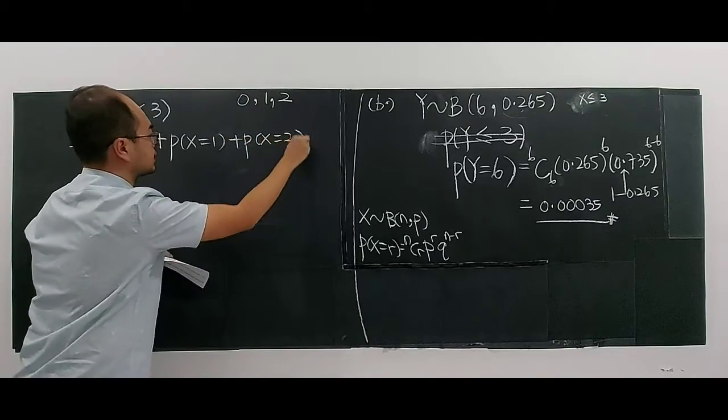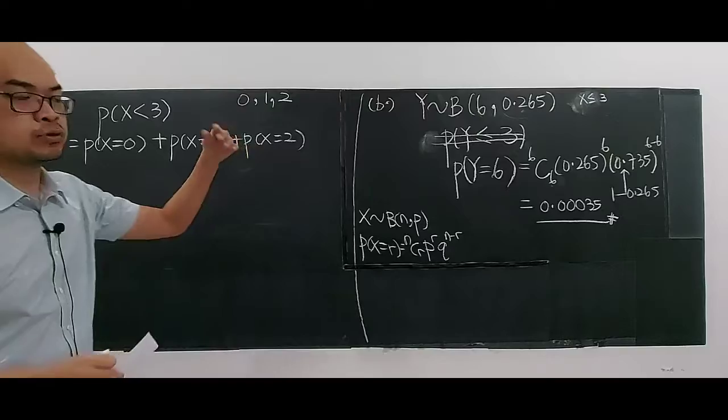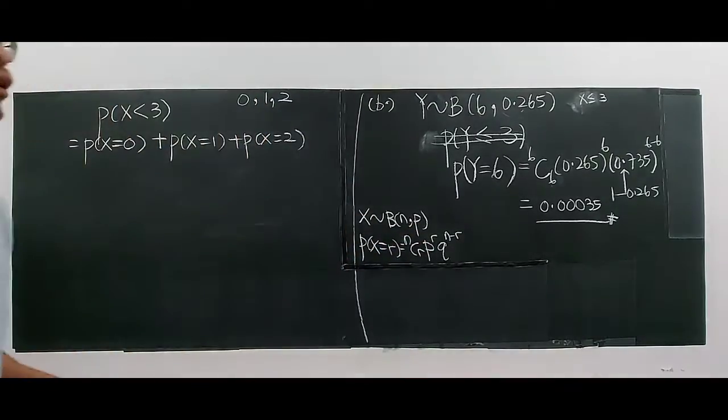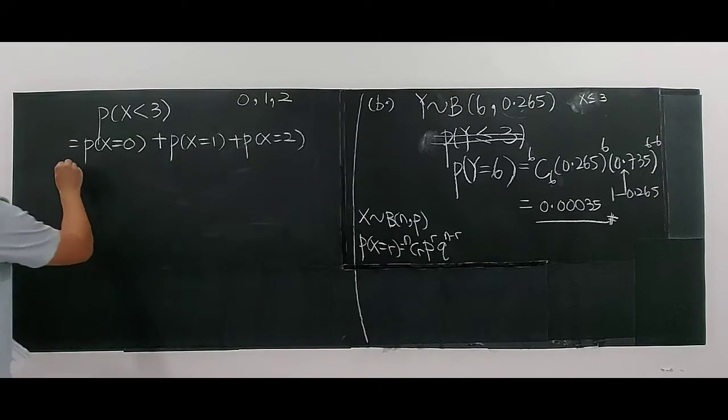Because I cannot use the statistical table, everything here I have to use the formula, right? That's what you learned during your secondary school. So what to do now is use the formula one by one.